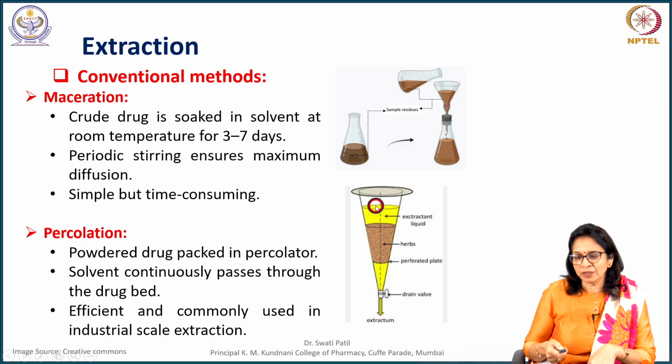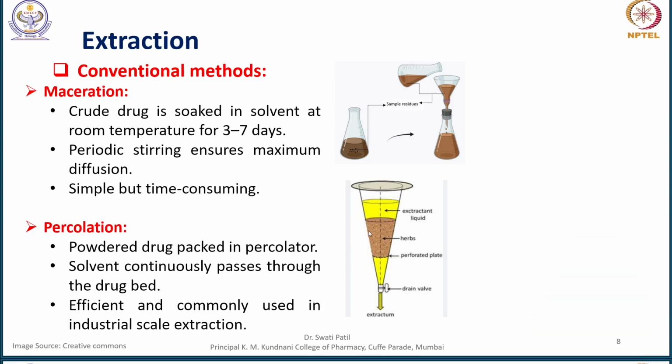As the solvent goes down, it carries the active constituents with it. So, whatever is collected below this perforated plate is the percolate, which has our actives from the herb. What is left behind is the cell matrix or the plant matrix after extraction.